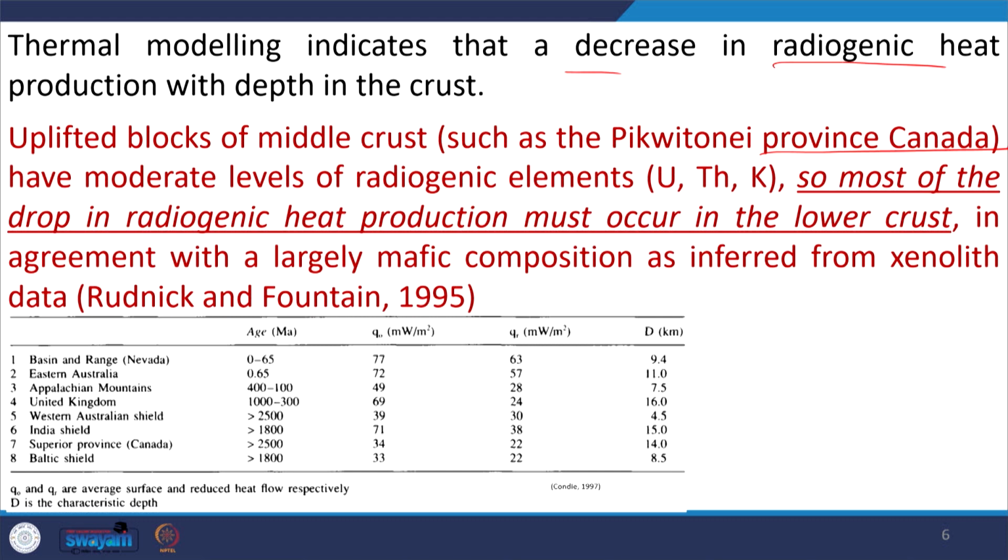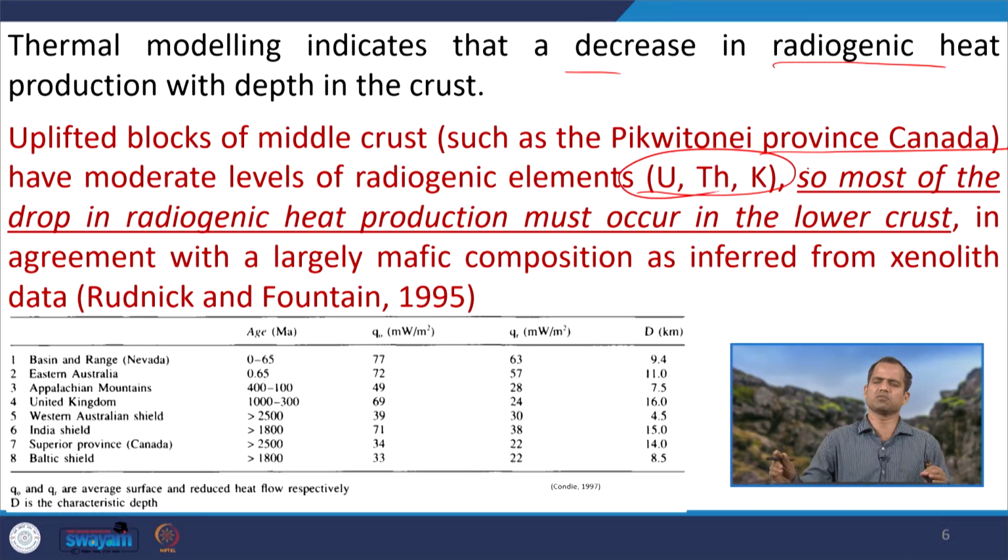Most of this drop in radiogenic heat production must occur in the lower crust, because if you remember our earlier class, we talked about the upper crust and lower crustal composition. The lower crust is mixed with felsic as well as mafic material, some granitic and some mafic. So, once it is mixed with mafic material, obviously the concentration of heat producing elements gradually decreases.